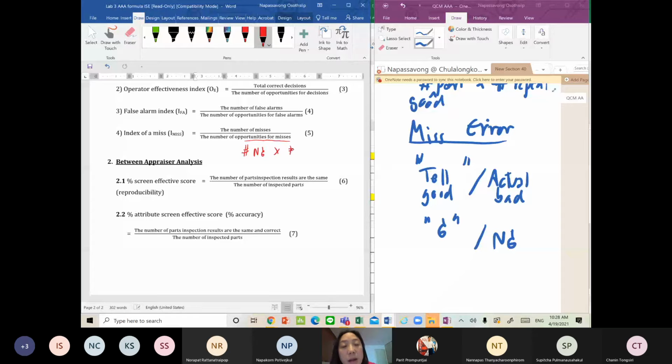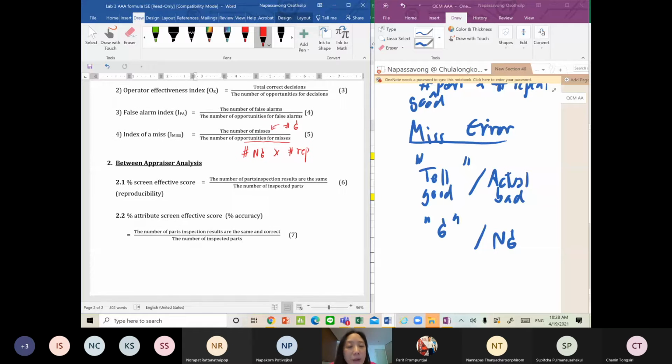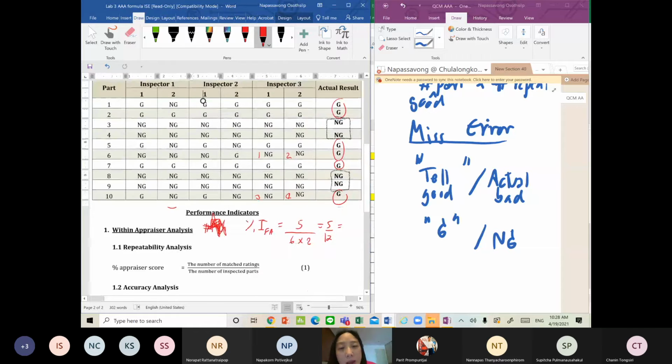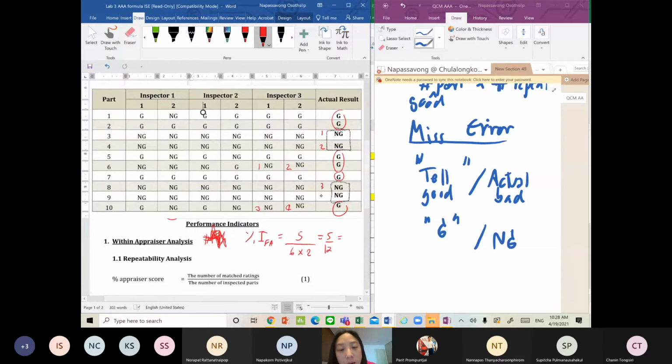And the upper side is the number of misses, which is the number of times that he says good. So percent I miss, for example for operator 3, will be 4 parts times 2. Then you count the times that he says wrongly, G instead of NG.